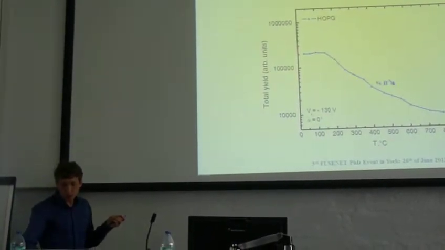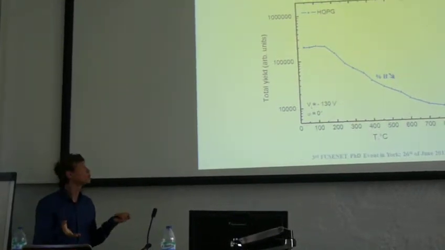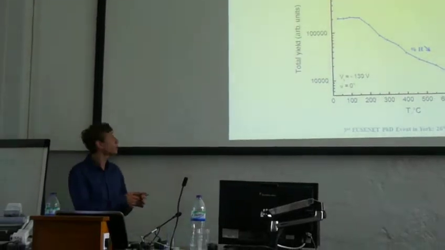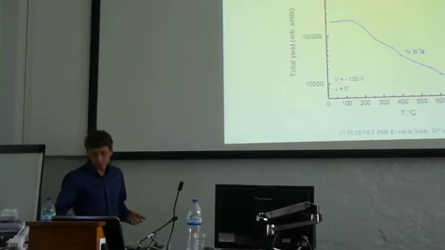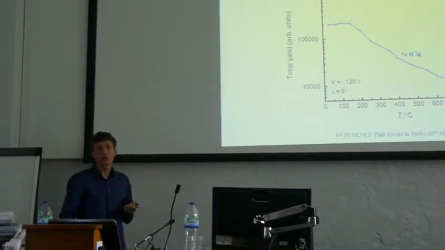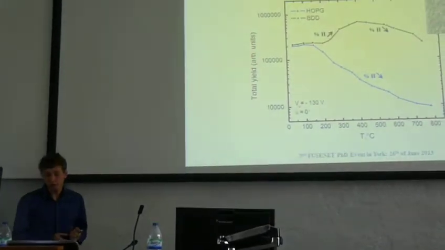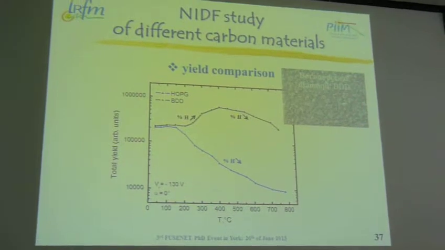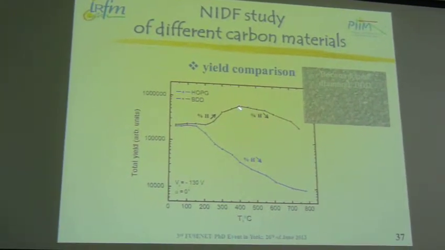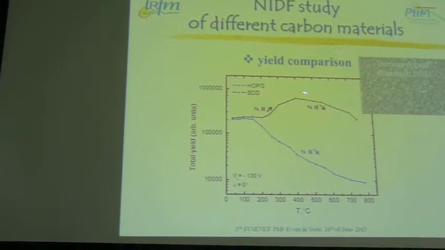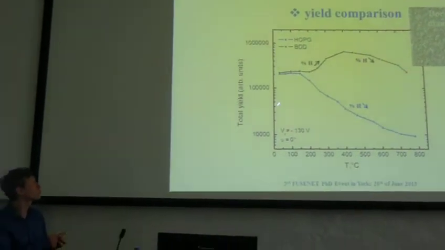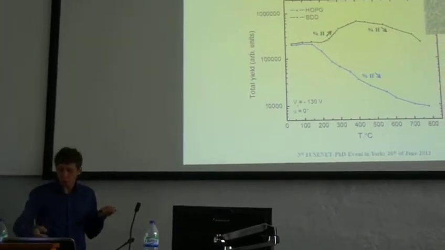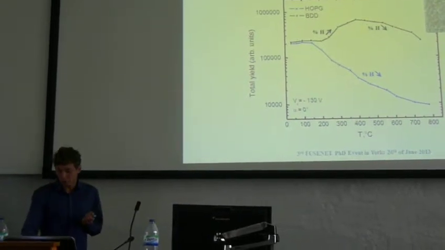So we have the hydrogen surface coverage decreasing with temperature, and so does the yield. We have tested other materials like boron doped diamond. It looks like that, and it has some maximum in negative ion yield at 400 degrees C, and then the yield decreases, and so does the hydrogen surface coverage, which is seen via the modeling.